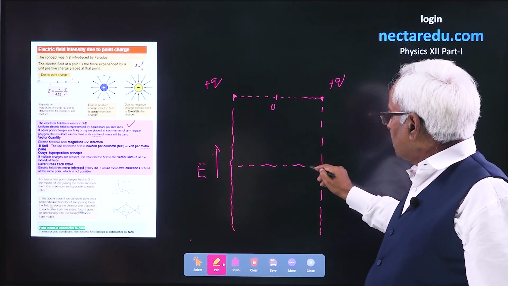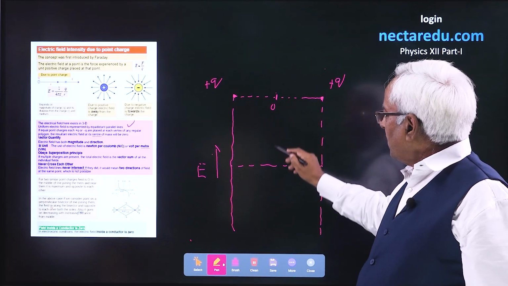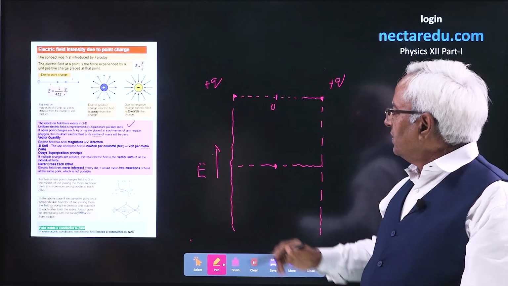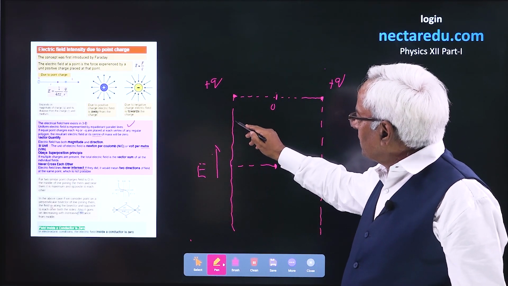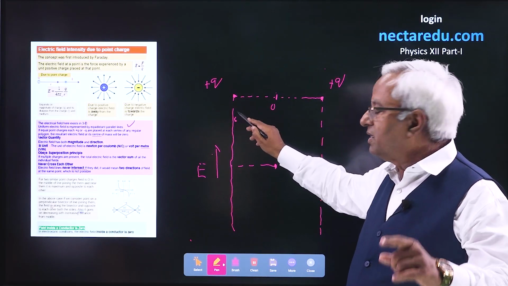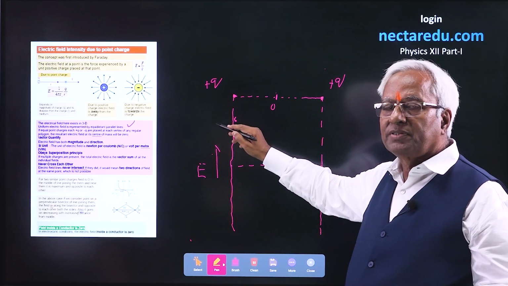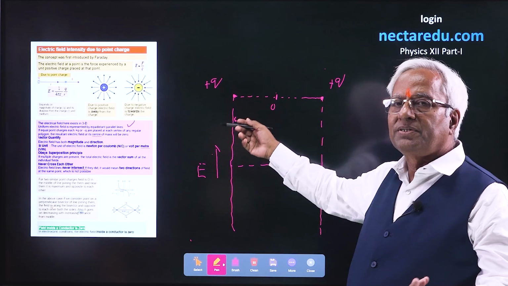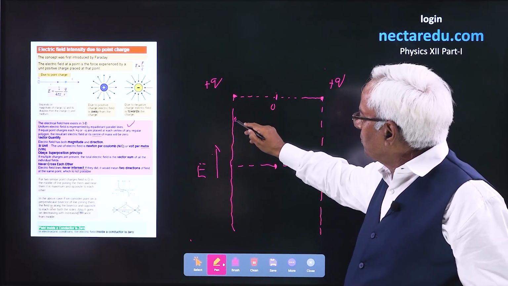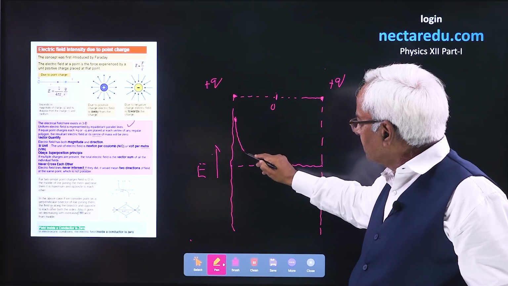And just a line, you see. Here, I told you the field would be 0. This side, it's almost touching. You just don't touch the graph with the axis because that gives the value infinity, which is not presentable here. So, the line goes a little away from it, this way.